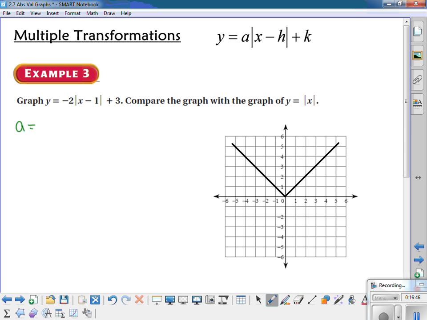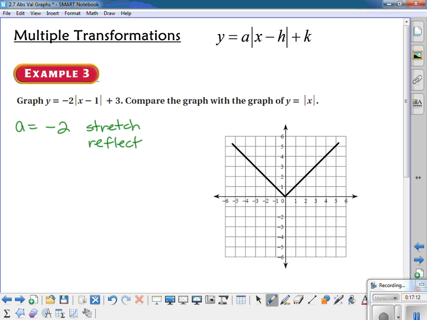My a is equal to negative 2. So am I stretching it or shrinking it? I'm stretching it, right? And what else am I doing to it? It's a negative 2, so what's going to happen? It's going to be flipped over, right? It's going to be a reflection. Okay, so I'm going to stretch it and I'm going to reflect it.